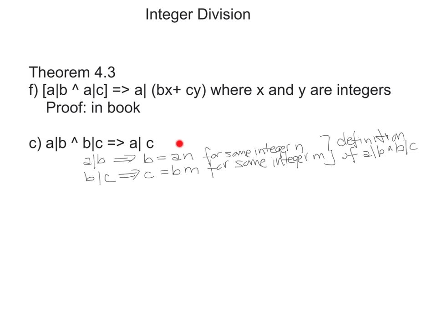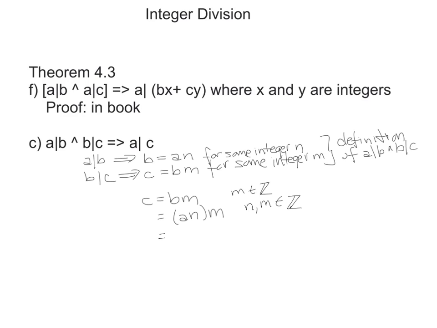So here is an example where we're using that definition. What I have is that c equals bm from this step here. And that I can say is equal to a times n times m, just plugging in this definition for b. And I want to remind myself here m is an integer, and here n and m are integers.